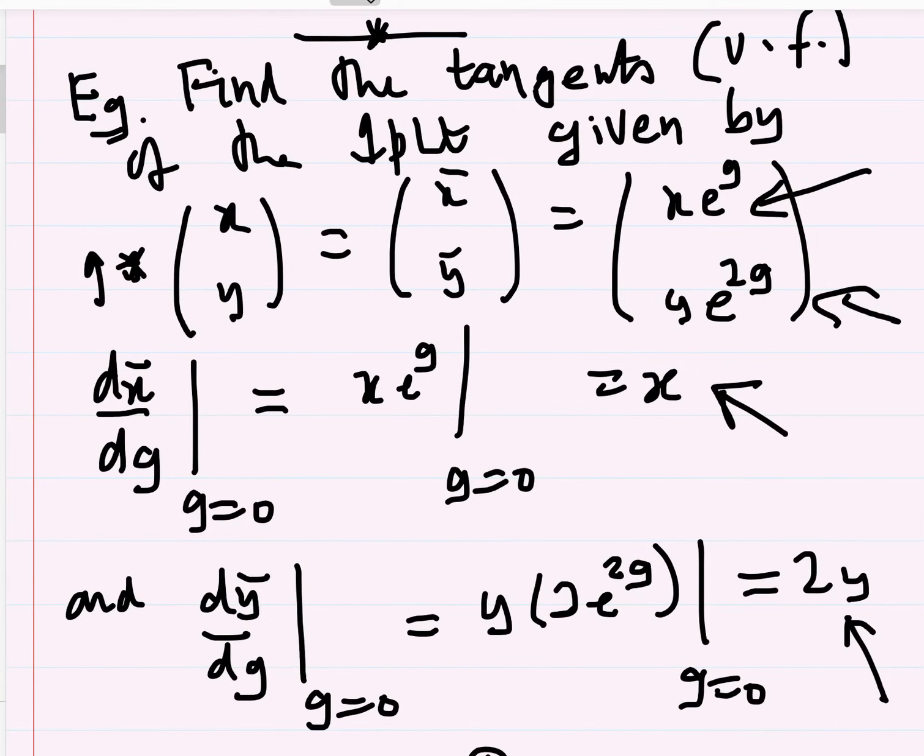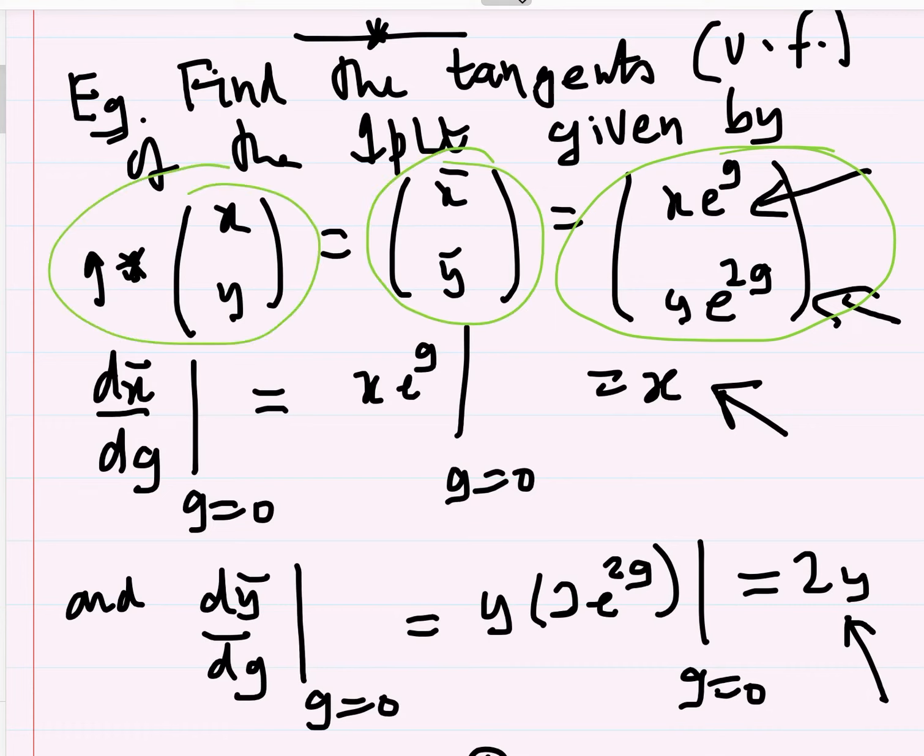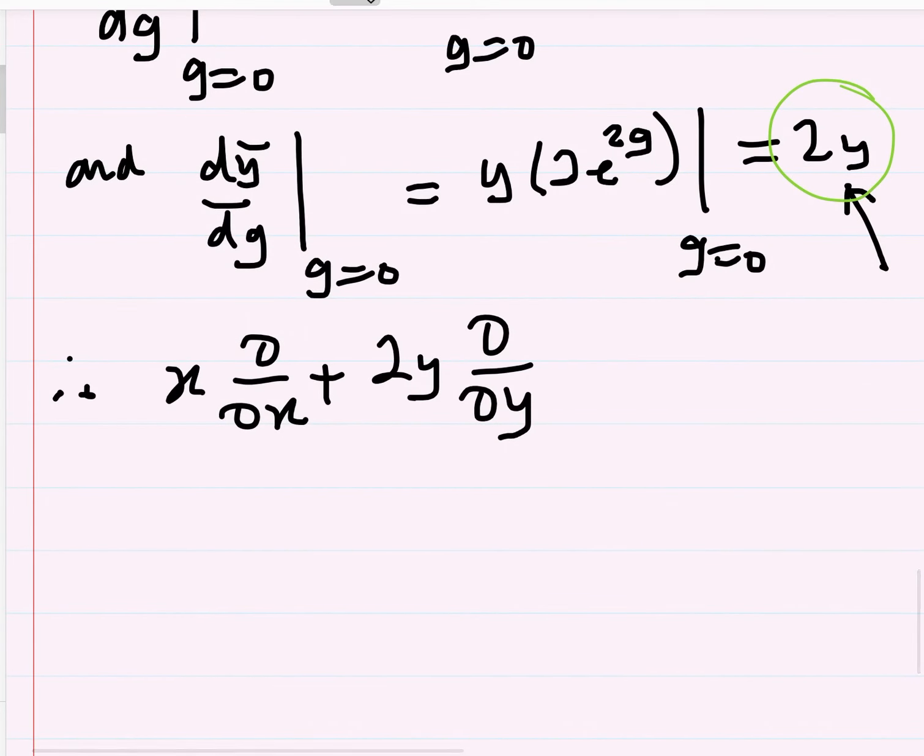Let me sum it up. This is the one parameter Lie group of transformation, which is g star of xy. First coordinate I'm calling x bar, second y bar. This would be the first coordinate in the tangent vectors, that would be the second coordinate, and hence we get this representing the tangent vectors in vector field form.